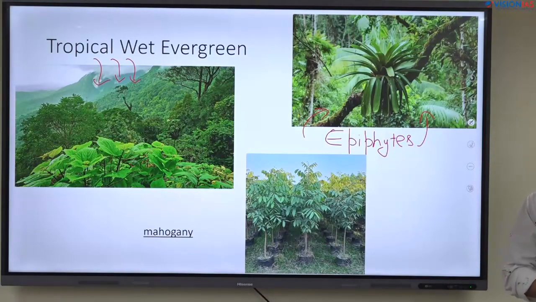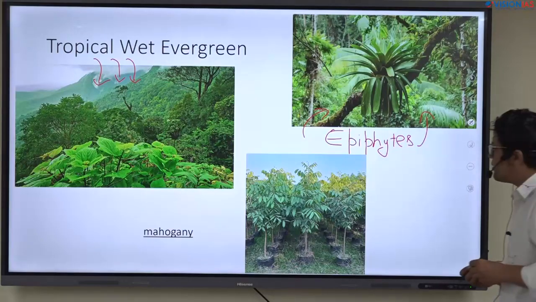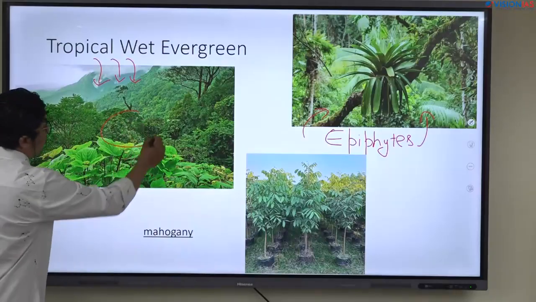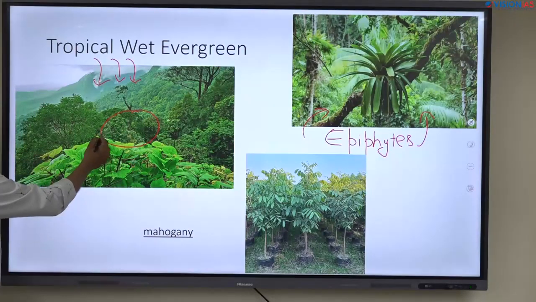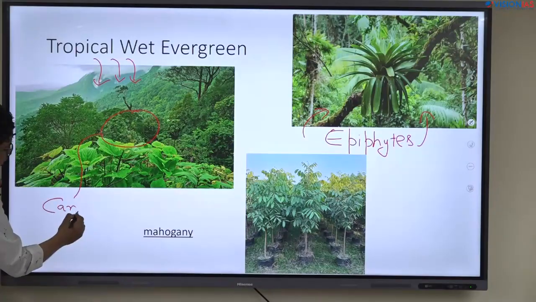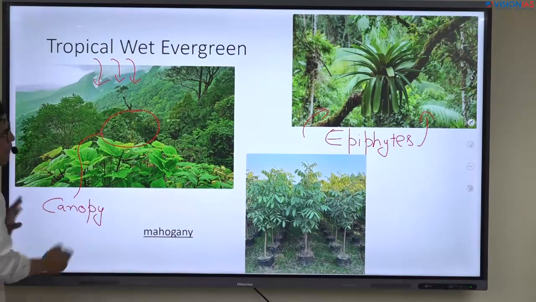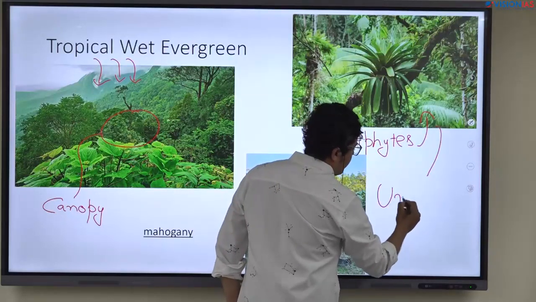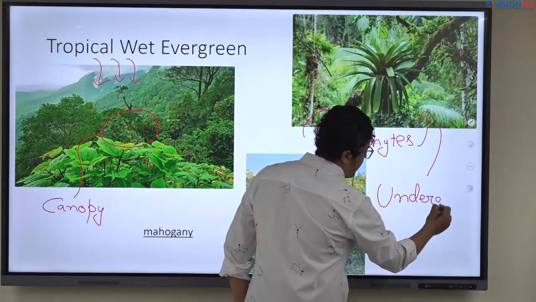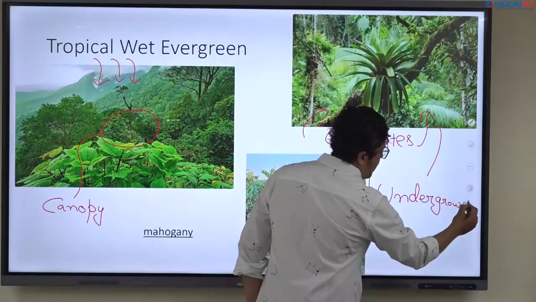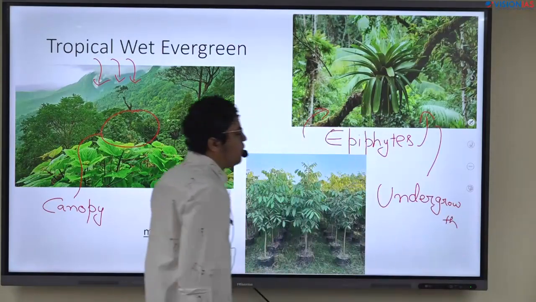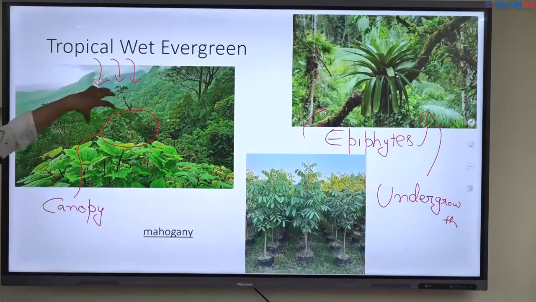Thick undergrowth is formed mainly of climbers. Undergrowth. See, if you look at the forest from the top, you are looking at the canopy. But if you look at the forest from the bottom, this is known as undergrowth. So if you look at the forest from the top, this is the canopy you are looking at, the top cover.